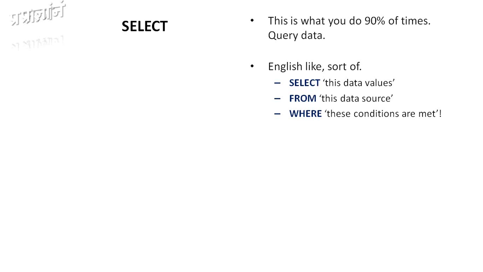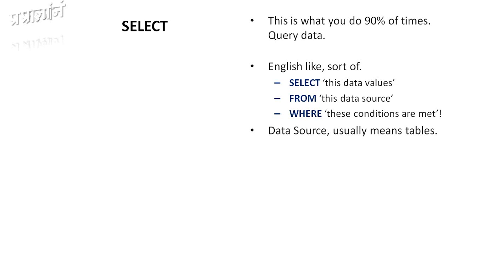So you say select XYZ values I want from this XYZ place, which is called a table usually in terms of databases. So we'll see to that. And where, and you'll put your conditions which you want that data to abide by.